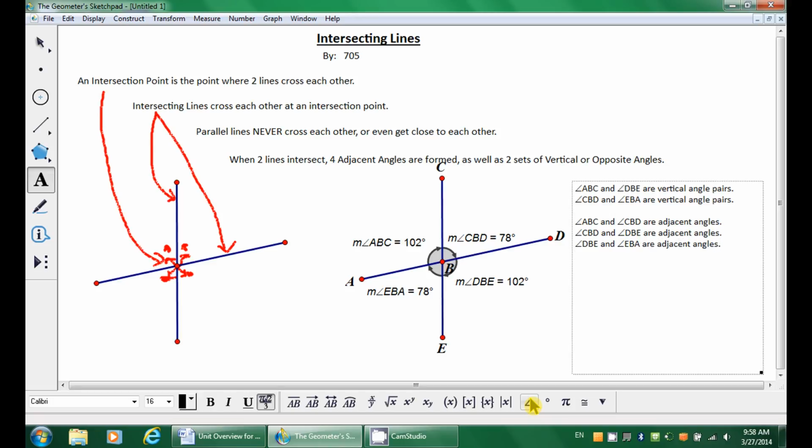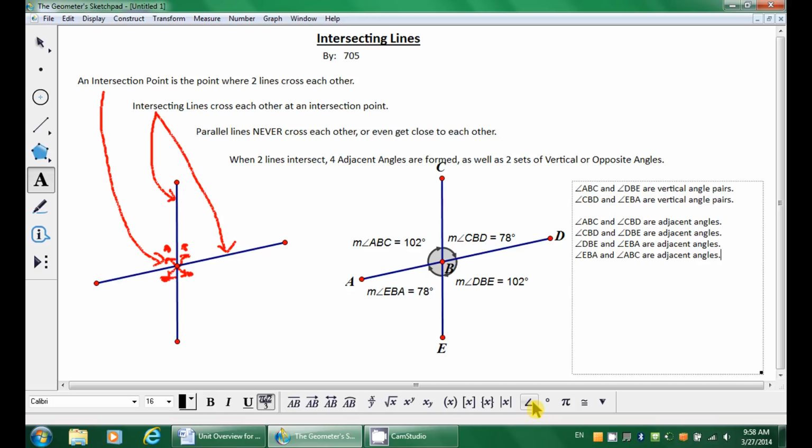And we'll hit enter. And now let's look at the relationship between angle EBA and angle ABC. Again, they are next to each other. They share a common line segment, so they are also adjacent. Angle EBA and angle ABC are adjacent angles.